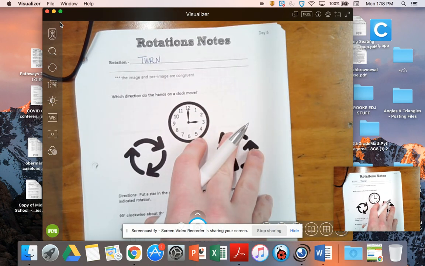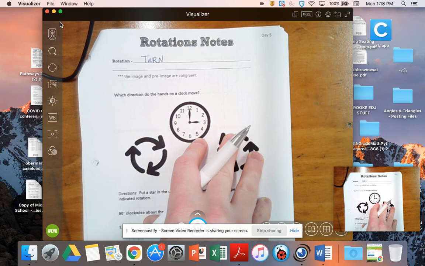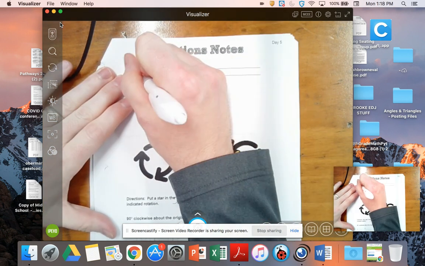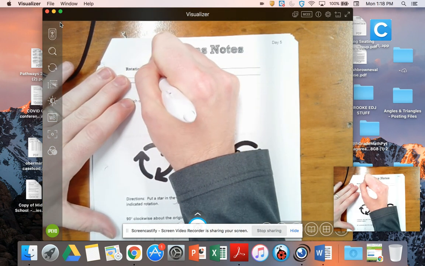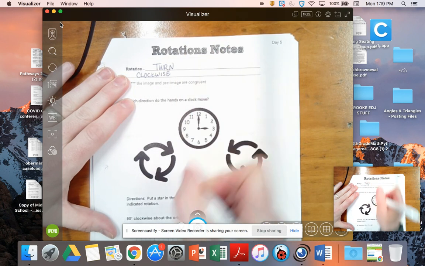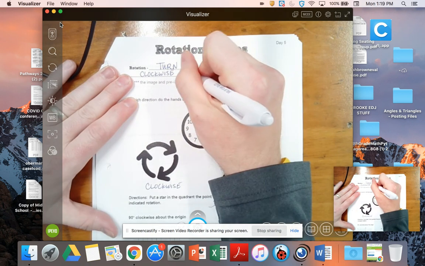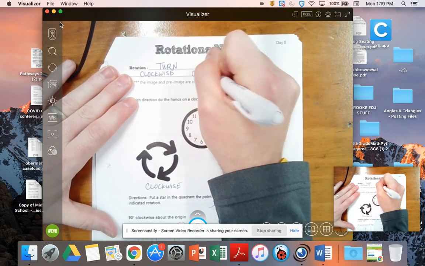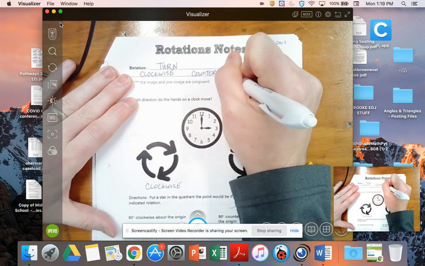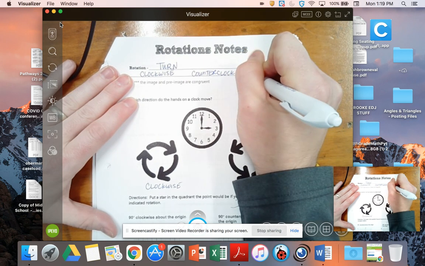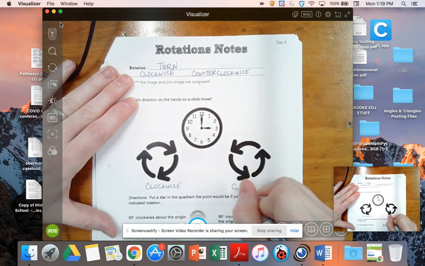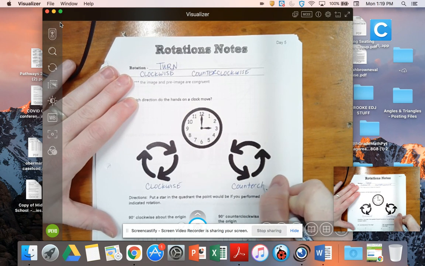We can turn it in two different directions. We can turn them either clockwise, which is this way right here, or we can go counterclockwise, which is this way, the opposite way the hands of a clock go.